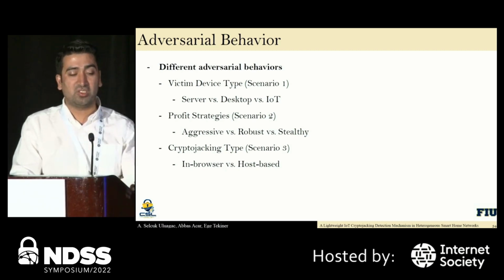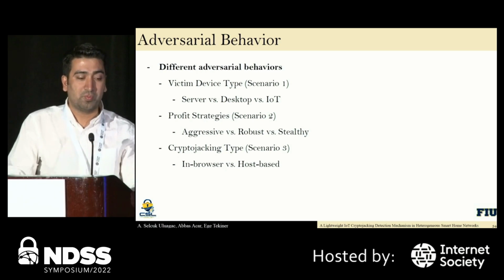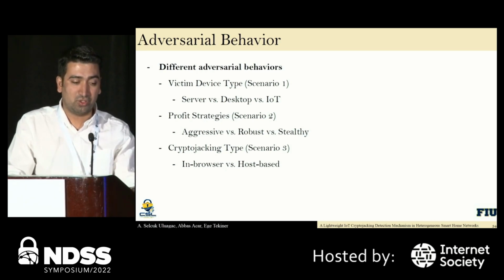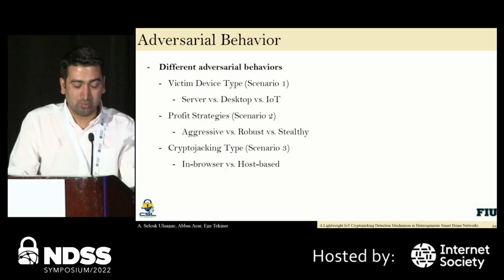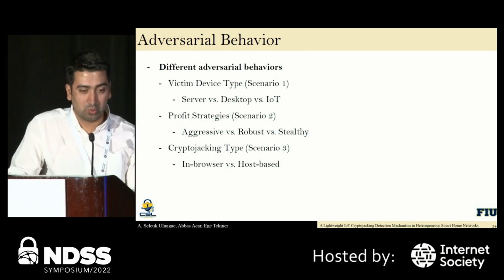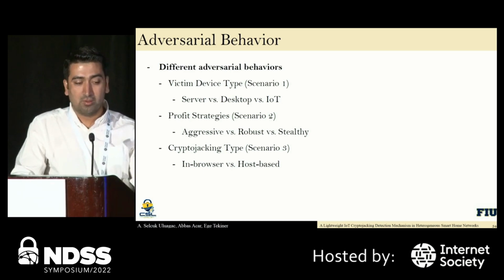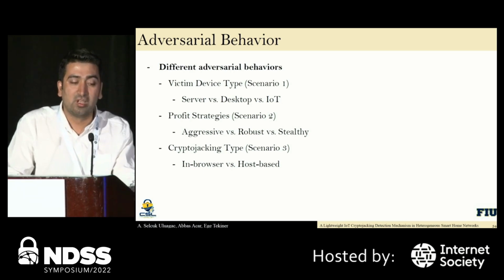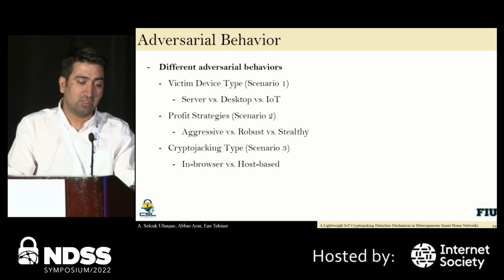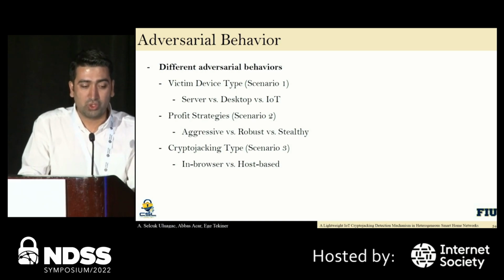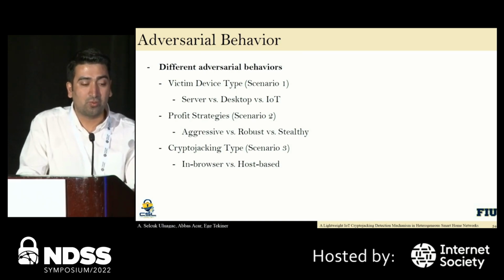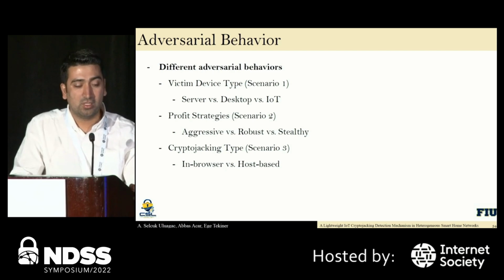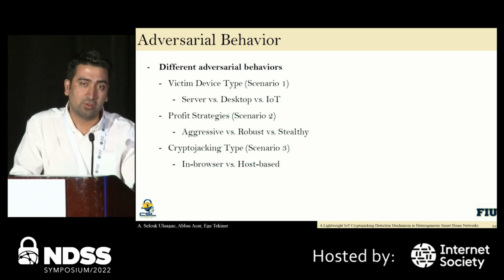In the second scenario, we wanted to assess the different profit strategies, like they can maximize the throttle value so that they can get the maximum benefit in a short time. In this one, we compared the different profit strategies: aggressive, robust, and stealthy. And in the last scenario, we wanted to check the performance of our detection methods if the cryptojacking malware is browser-based or host-based.